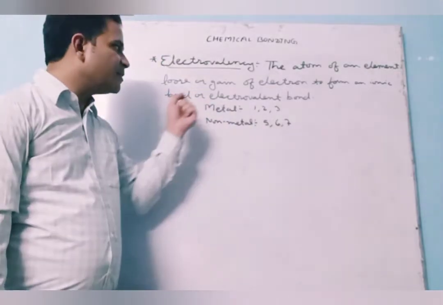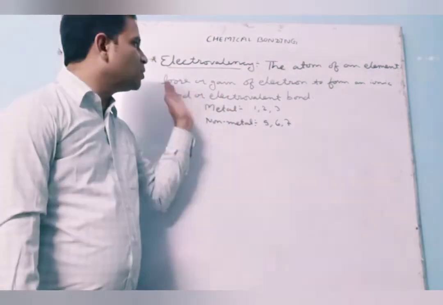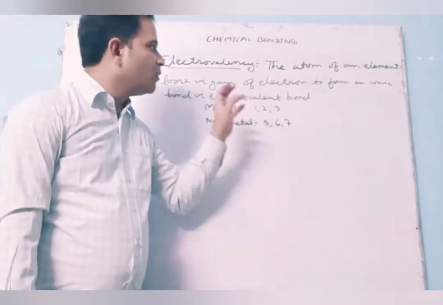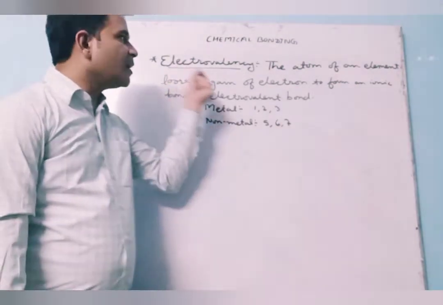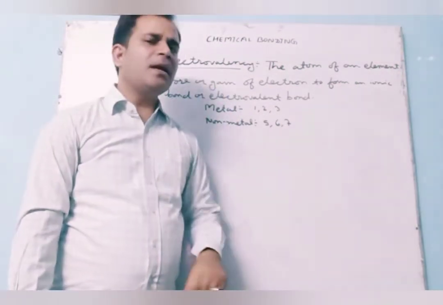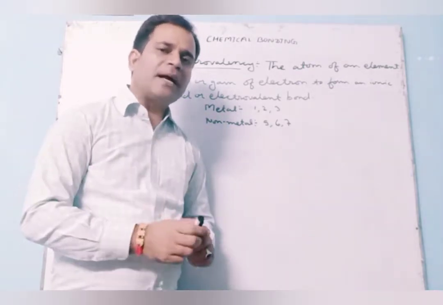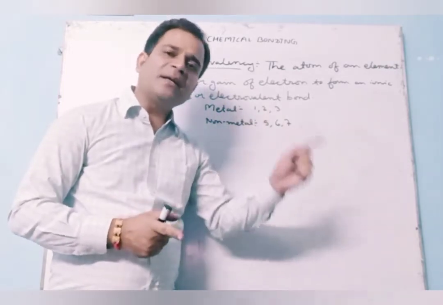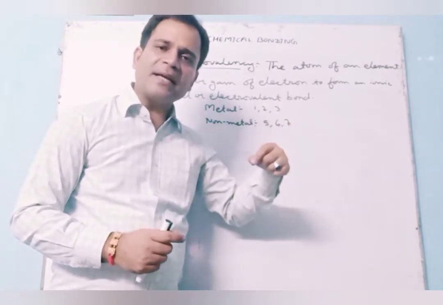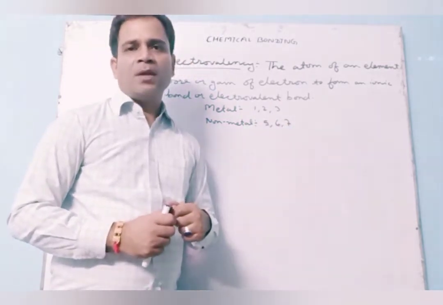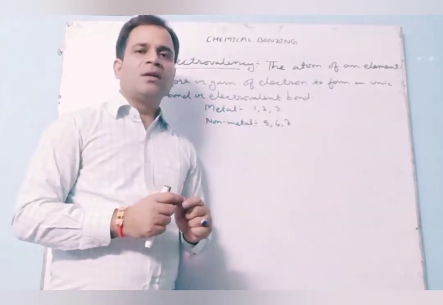So the number of electrons either lost or gained for the formation of an ionic compound is known as electrovalency. Whenever an ionic bond is formed, it is always formed between a metal and a non-metal. On one side the metal loses electrons and on the other side the non-metal gains electrons.